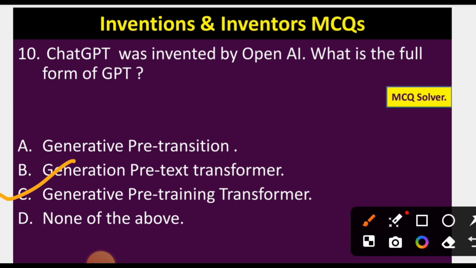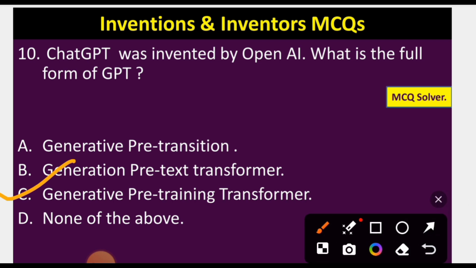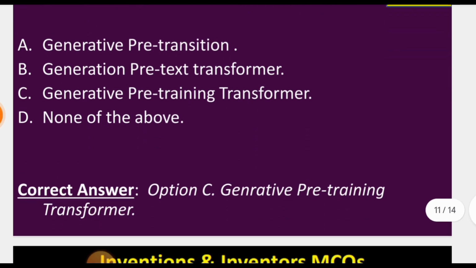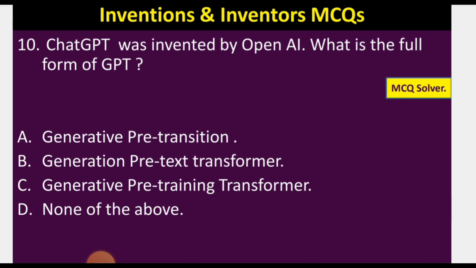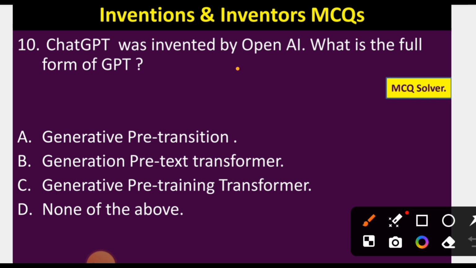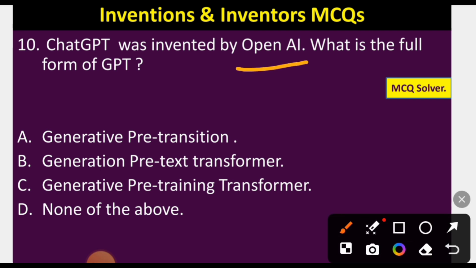So the full form of ChatGPT is chat generative pre-training transformer. So C is the correct option, and ChatGPT was invented by OpenAI, which is not in the options. So please remember this fact.